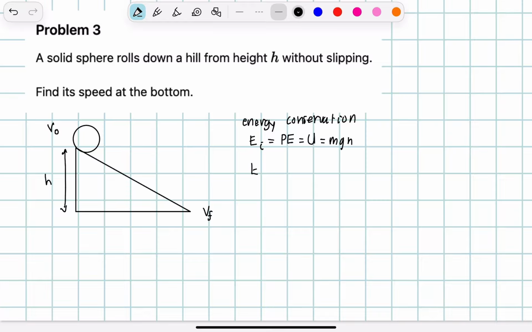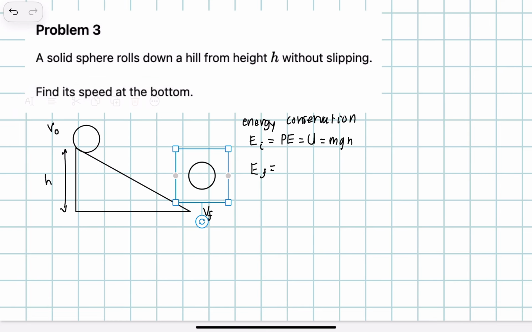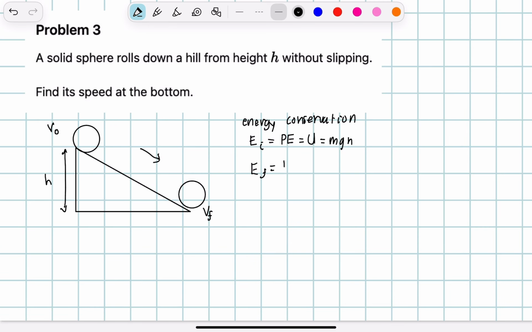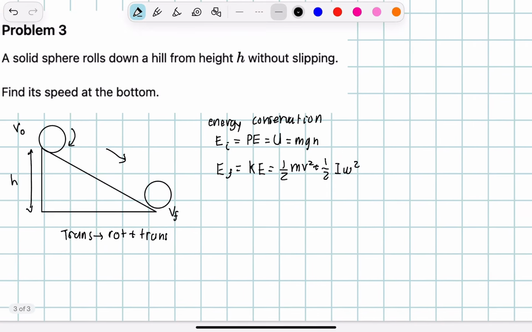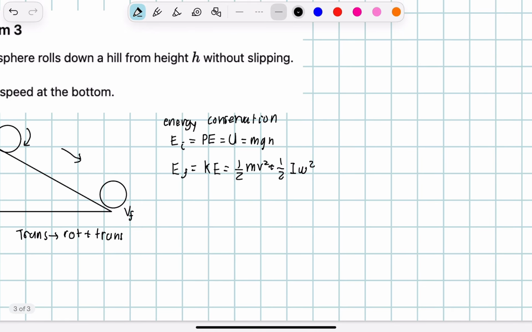Finally, all that potential energy, once it reaches the bottom, has been converted into kinetic energy. The formula for that is 1/2 mv squared plus 1/2 inertia times angular velocity squared, because it had to roll. Because it had to roll, some of the translational energy became rotational energy.